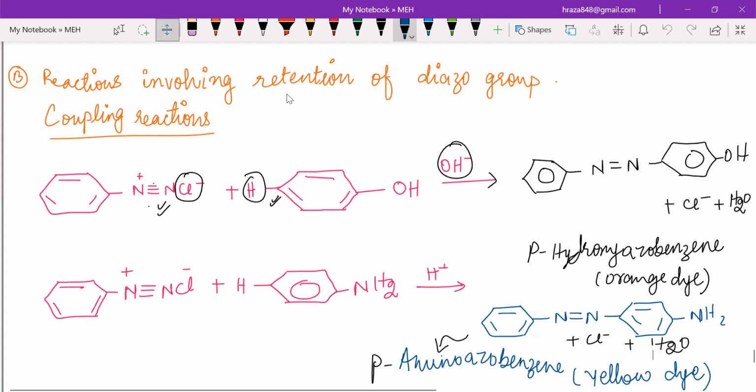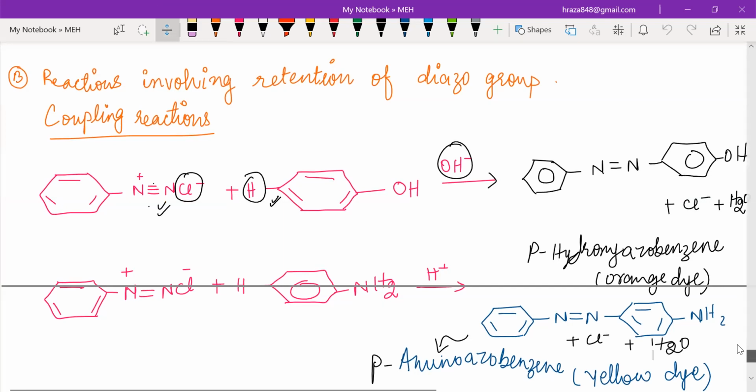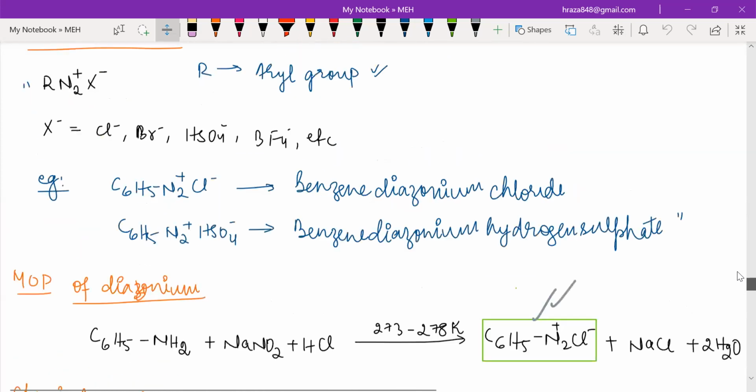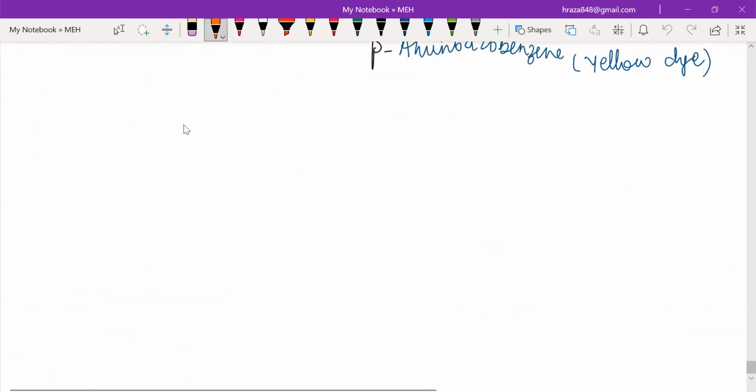Now, the only reaction that I had left in this chapter, before that, I would like to just check this. Can you write the resonating structure of this compound? Please do let me know whether you can write the resonating structure of this compound or not. This is a triple bond basically. 1, 2, 3. Can you write the resonating structure of this compound?